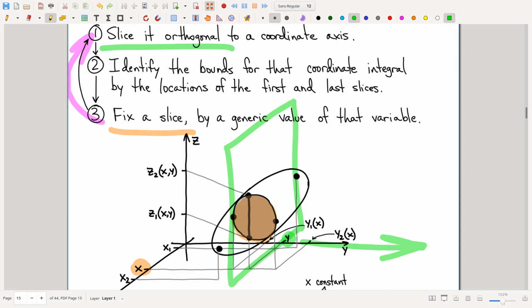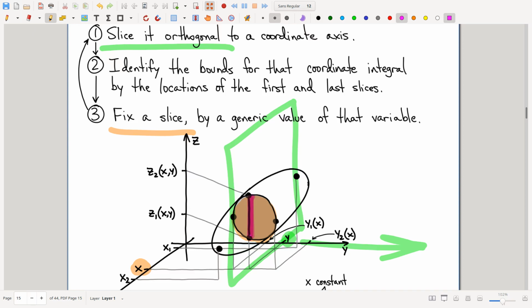And these slices intersect in a little line segment there. Everybody see that? A y slice of an x slice will just be that little line segment.